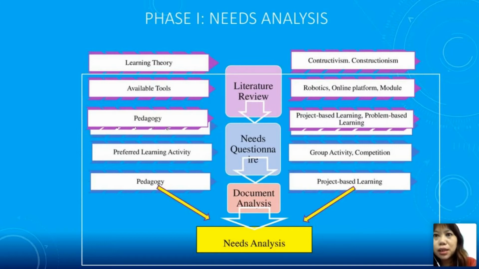After the needs questionnaire is distributed to the students and the educators, the researcher finds that the most probable pedagogy is project-based learning, and the activity used is based on the robotics competition. The document analysis used in this research is the KSSM science, mathematics, and computer science syllabus.